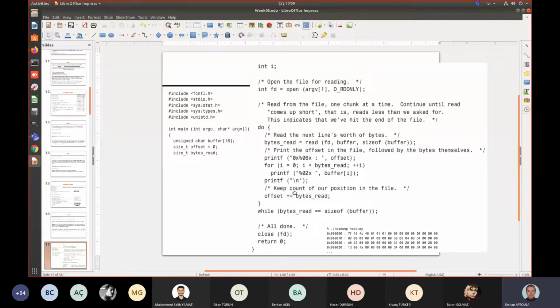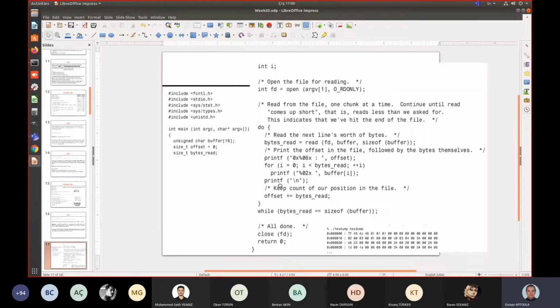We jump to a new line. We update the offset by the number of bytes read. Why do we need the offset? Just for printing it on the screen. And we keep on going as long as the number of bytes read is equal to the size of the buffer.